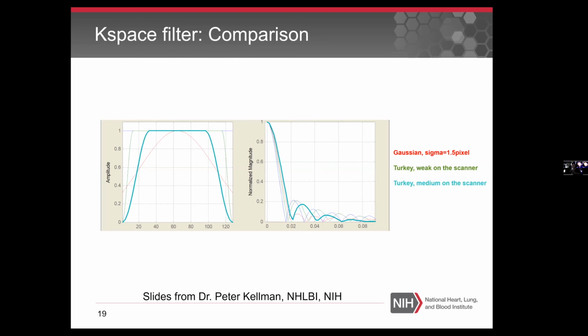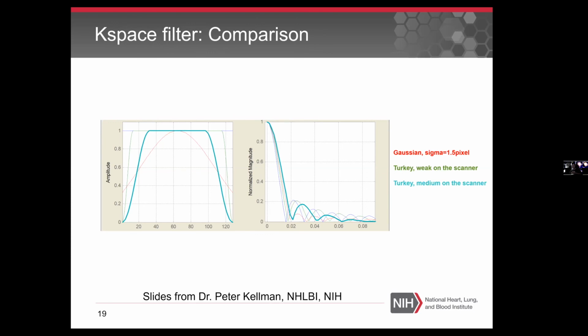The blue is ideal, basically the best you can achieve. If we compare it to some vendor-supplied filters like this Tukey weak or medium, actually Gaussian is a very good balance of the main lobe width and the remote lobe suppression.